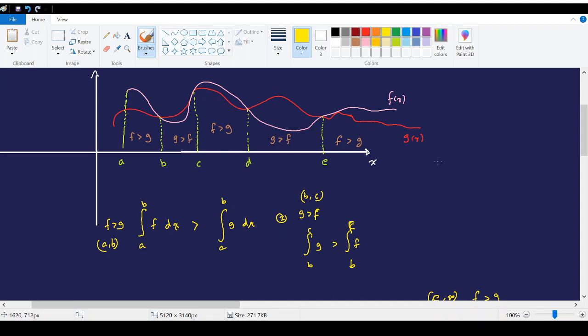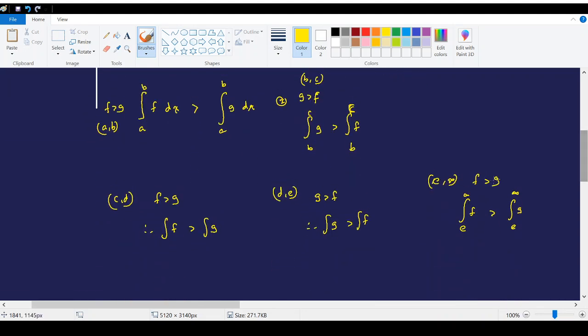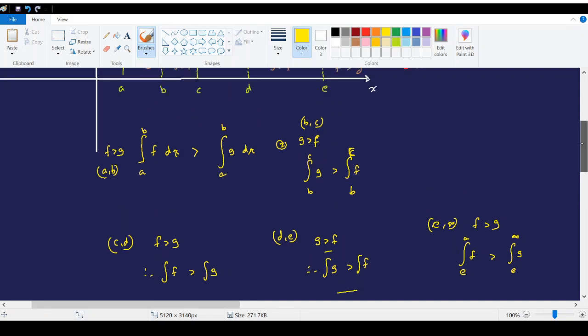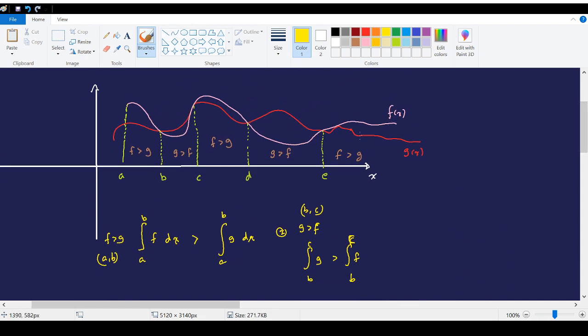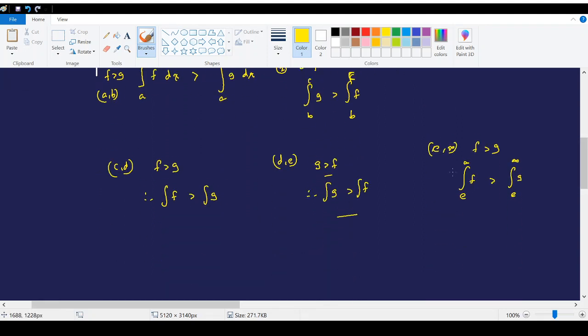And in between c and d, f is greater than g, so the integral of f is greater than the integral of g. And here g is greater than f, so the integrals will follow the same order. And also, according to the picture that I have drawn, after e, f is greater than g.